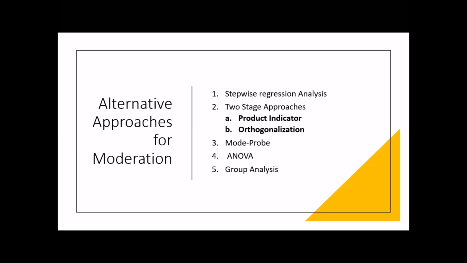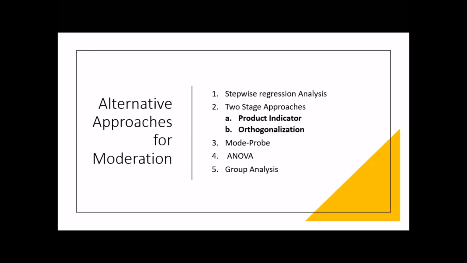The third type of technique that is used is the mode probe. This technique has now become part of the PROCESS macro. Previously, Preacher and Hayes had already developed a plugin for this, which is also available. The fourth technique is the ANOVA. ANOVA has certain advantages, and it can also provide similar moderation analysis opportunities.